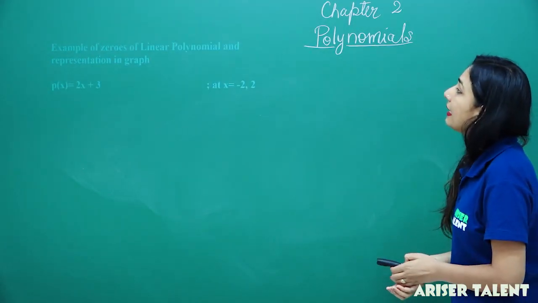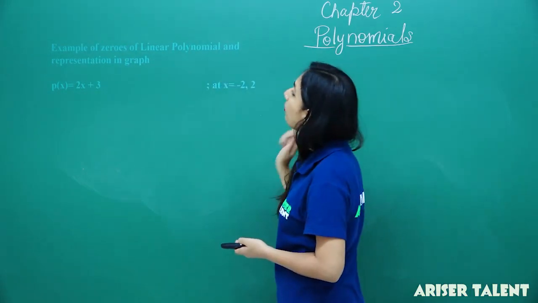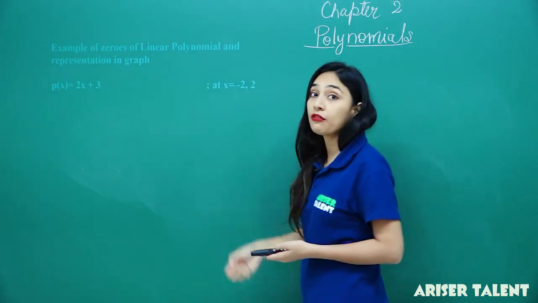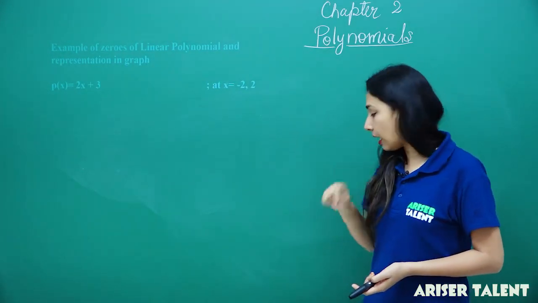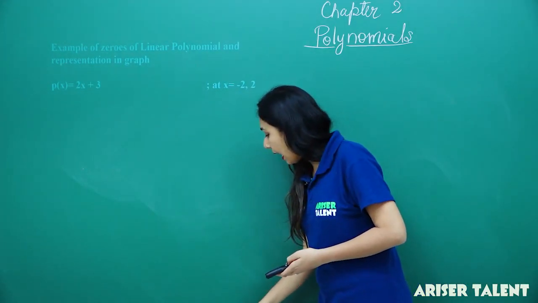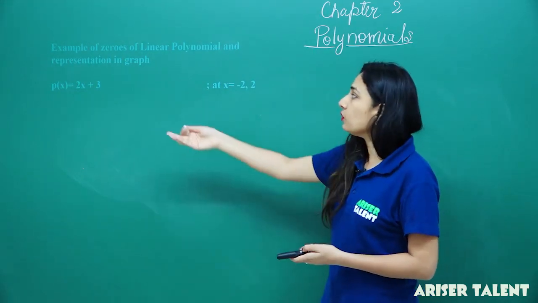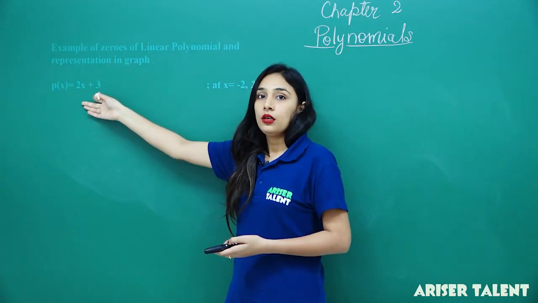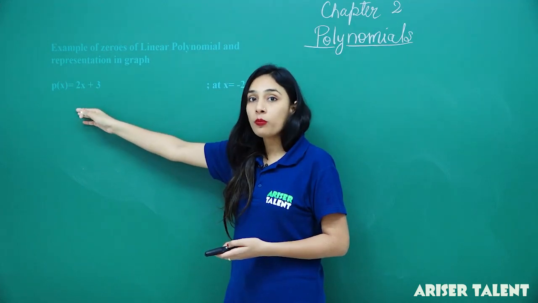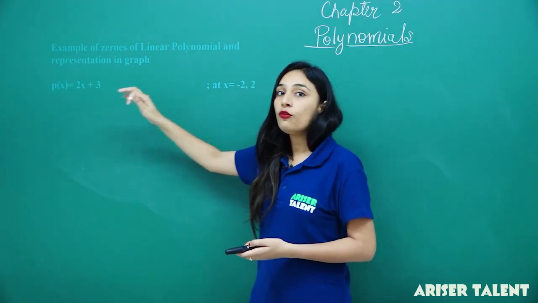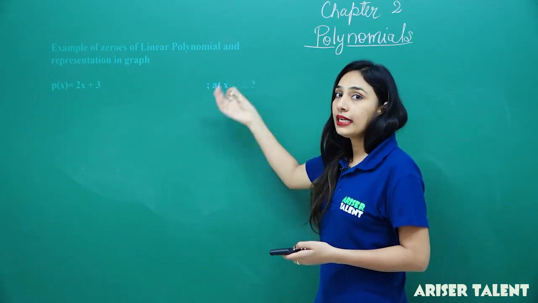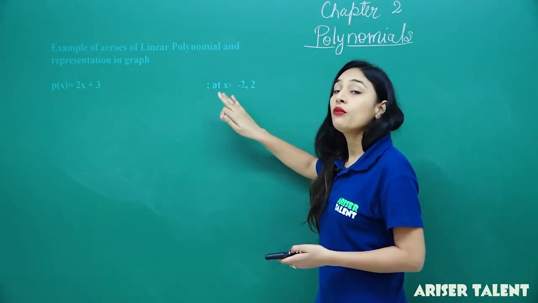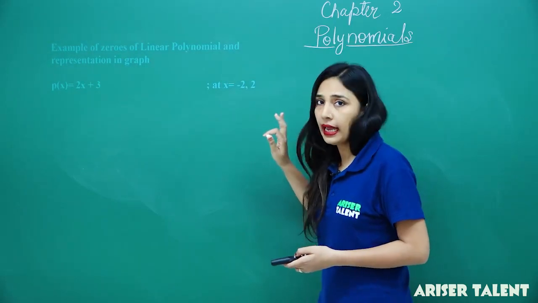Moving forward, examples of zeros of linear polynomial and representation in graph. So now we will be plotting it in a graph. What I have done, I'll be giving you some expressions and polynomials here, and for some values you have to take out the values of y at particular values of x.